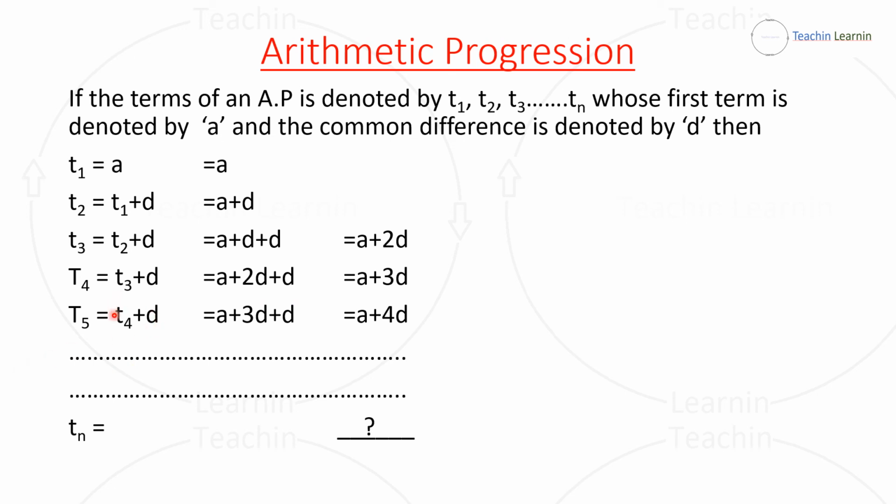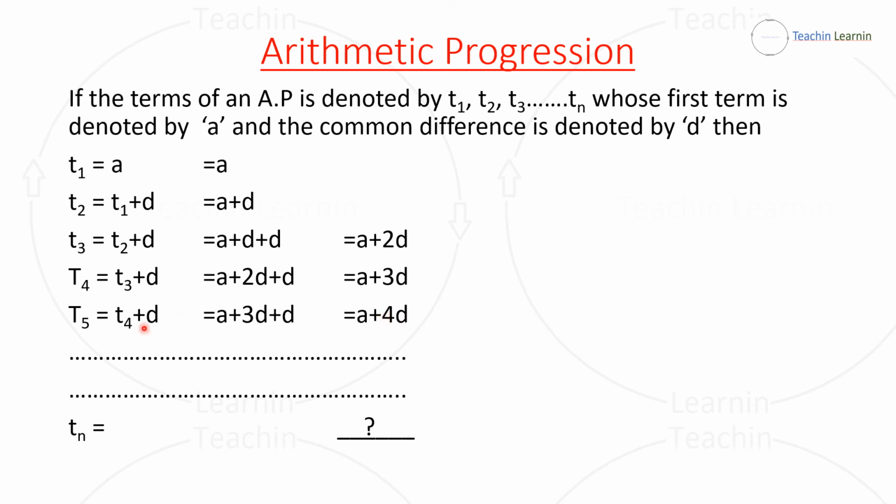You can easily find this term. What will be the nth term? When you look carefully at all these terms, T3 is A plus 2D, T4 is A plus 3D, T5 is A plus 4D.